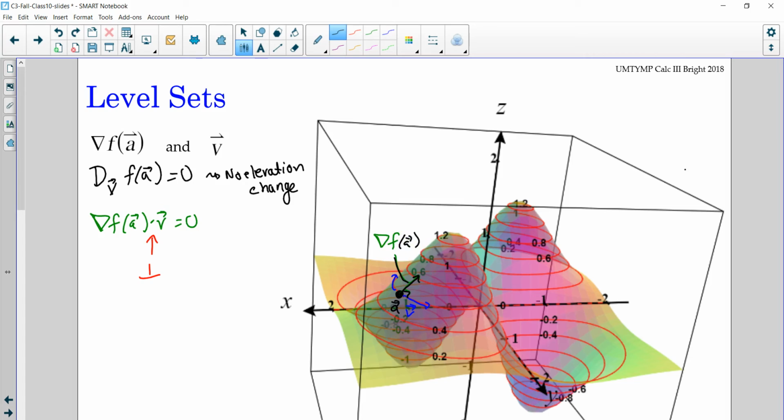And so what this is going to mean for us in the long run is that the gradient of f at a is perpendicular to a tangent line to the level curve at a.